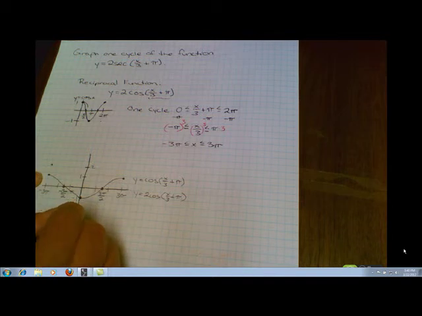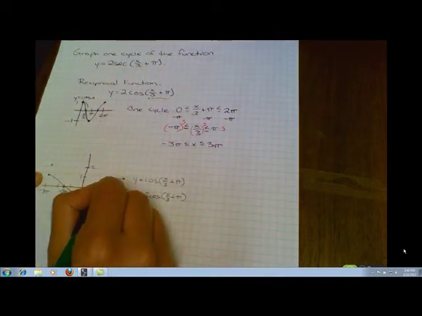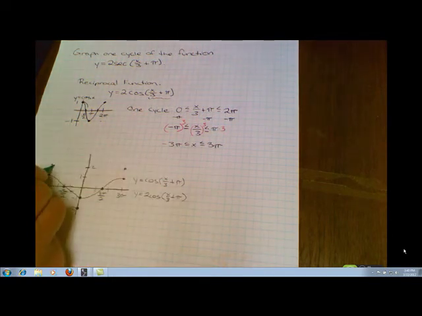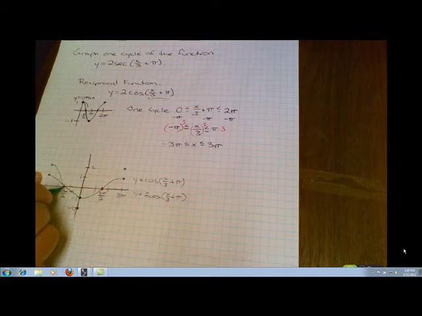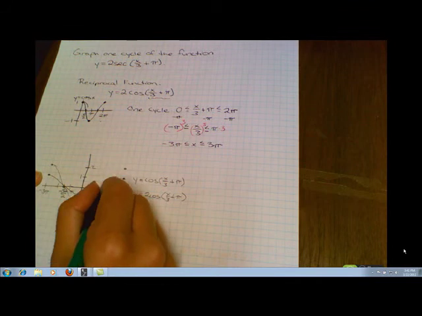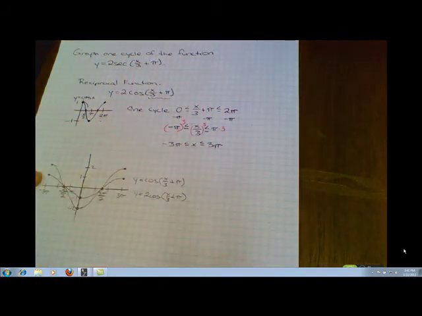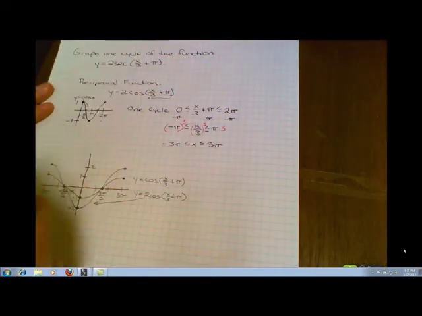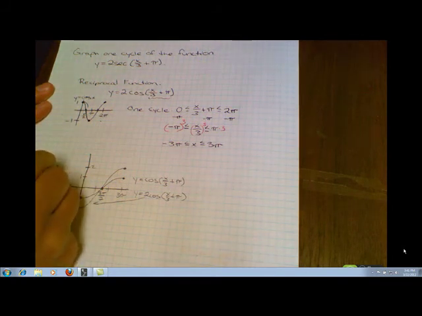The y coordinate right here is 0 times 2 gives me 0. Down here the y coordinate is negative 1, so times 2 will give me negative 2. Here the y coordinate is 0, so times 2 gives me 0. Here the y coordinate is 1, so times 2 gives me positive 2. And now the graph is stretched, so it looks like that. There's the graph of 2 cosine of x over 3 plus pi.